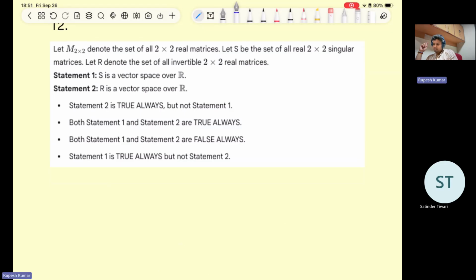Then the question is, statement 1: S is a vector space over R. Statement 2: R is a vector space over R. So let's proceed with this. We are dealing with vector space over R, right?